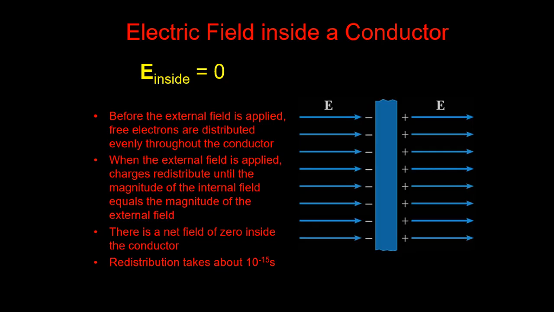So if there's no external field, you'll have a random distribution of electrons, essentially giving you a net electric field of zero inside the conductor. When we turn on our electric field, it reorganizes all those electrons, and that redistribution takes about 10 to the negative 15 seconds. That reorganizes the system, and you end up with a net electric field inside your conductor of nothing.